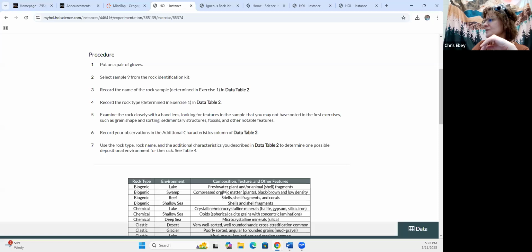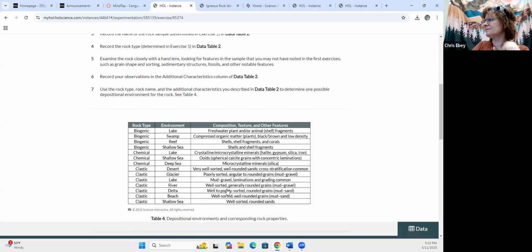Oh, depositional environments, record your observations. I'm going to grade this part very gently because I usually don't have people do this part that we see here until historical geology, because it's very difficult to understand without a full lecture on it, but do your best.